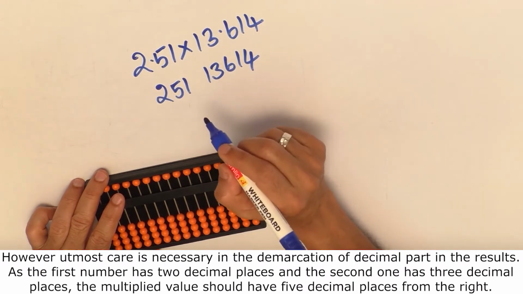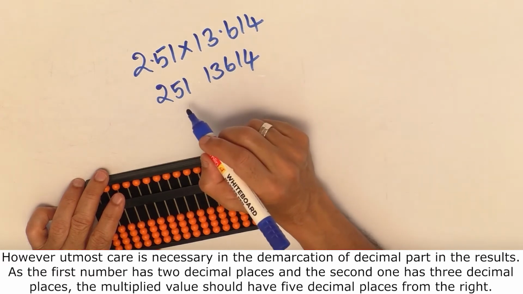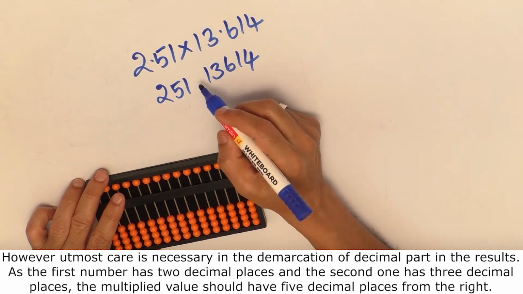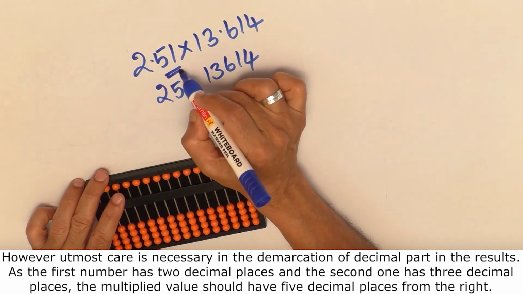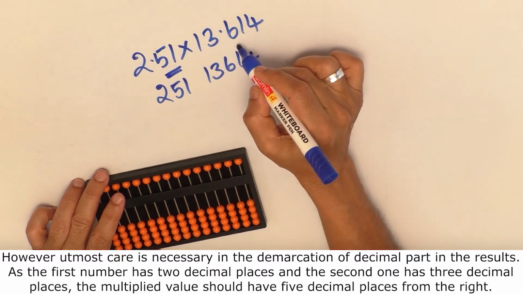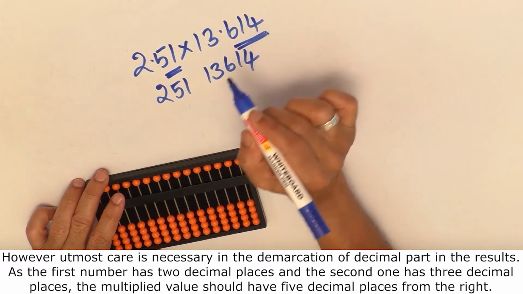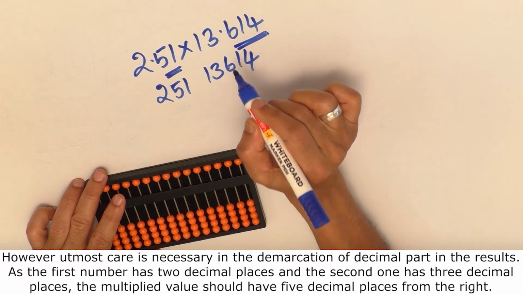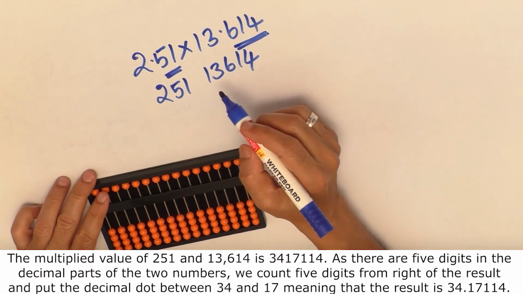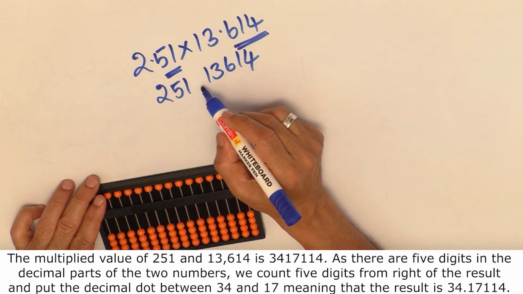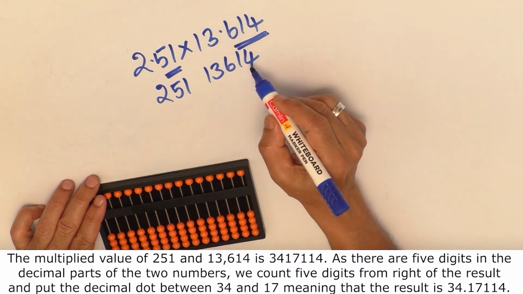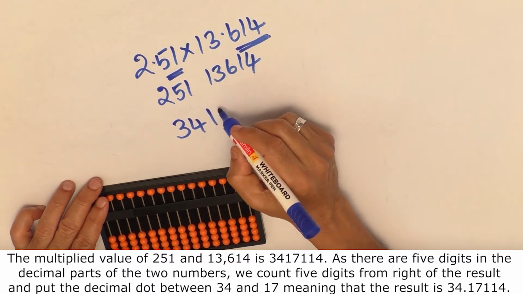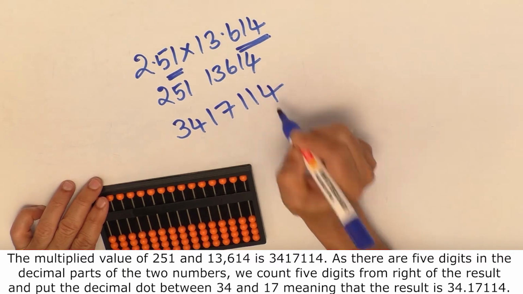However, utmost care is necessary in the demarcation of the decimal part in the result. As the first number has 2 decimal places and the second one has 3 decimal places, the multiplied value should have 5 decimal places from the right. The multiplied value of 251 and 13,614 is 3417114.